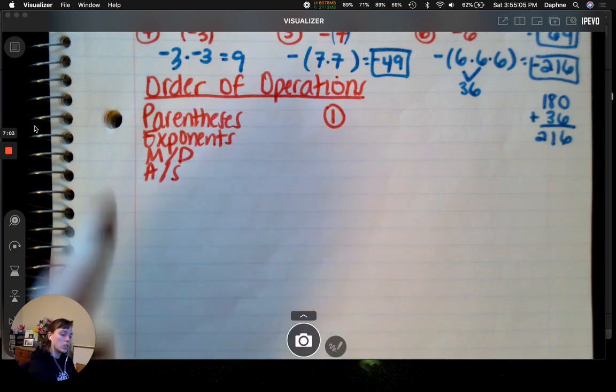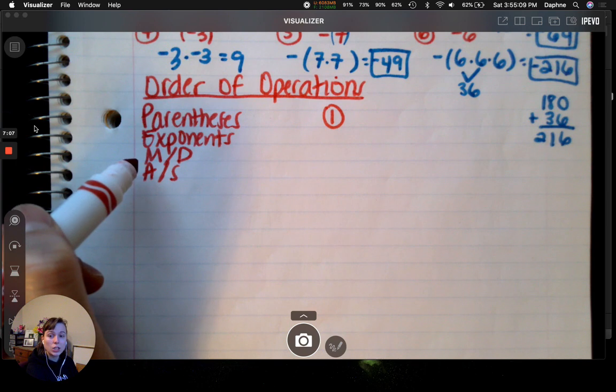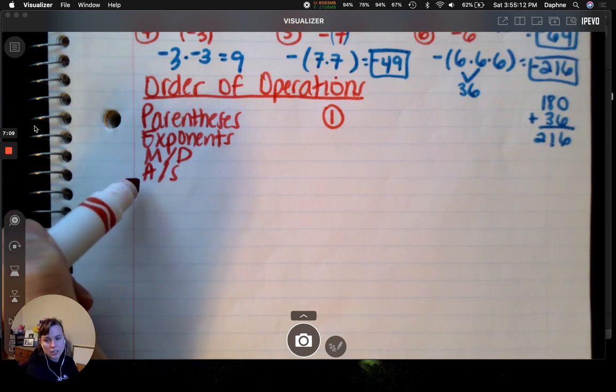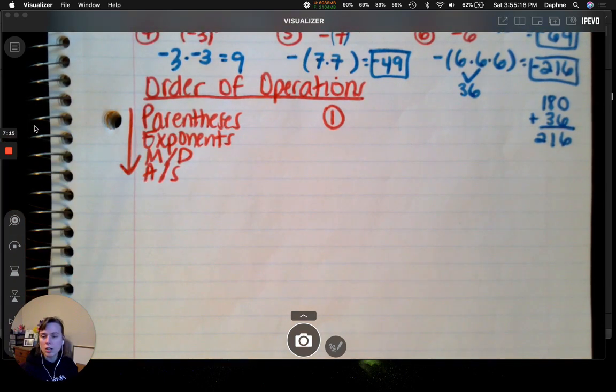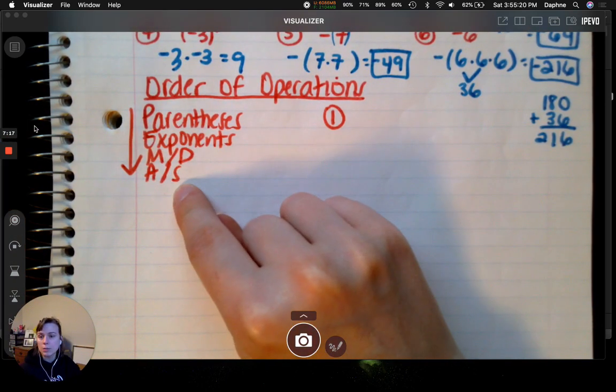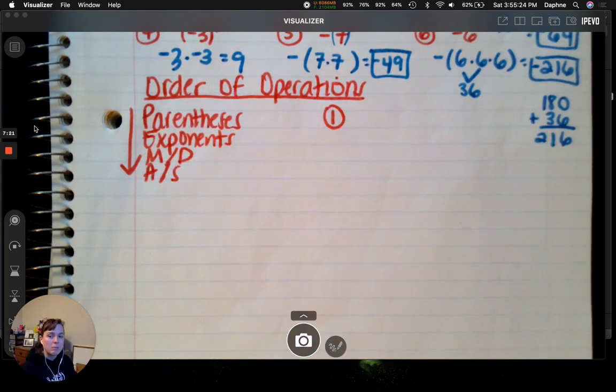Okay, so writing this down, this is the order of operations. So we always start with parentheses, then we go to exponents, then we do multiplication and division, then we do addition and subtraction. So notice that we're starting at the top. You've probably heard this before, PEMDAS, because we spell P-E-M-D-A-S. It's not a word, it's an acronym that stands for parentheses, exponents, multiplication, division, addition, and subtraction.